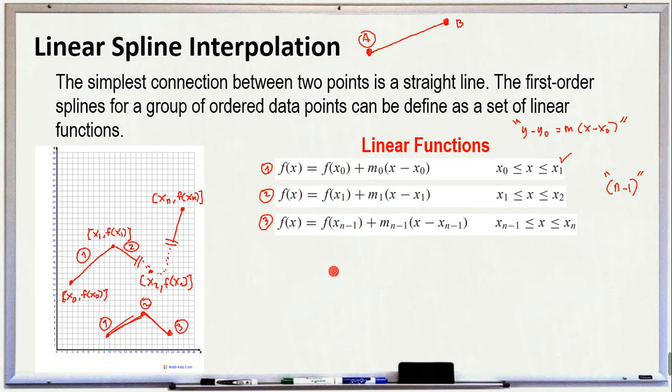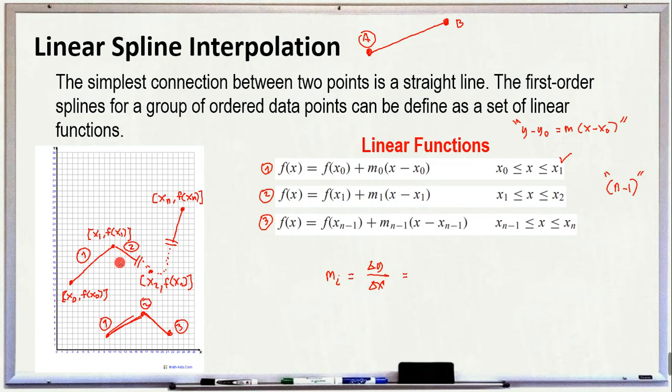Basta remember, ang essence gyud ani for linear spline interpolation is by using the slope formula, no? Wherein this is change in y over change in x, or in other words, the change of the dependent variable over the change of the independent variable.